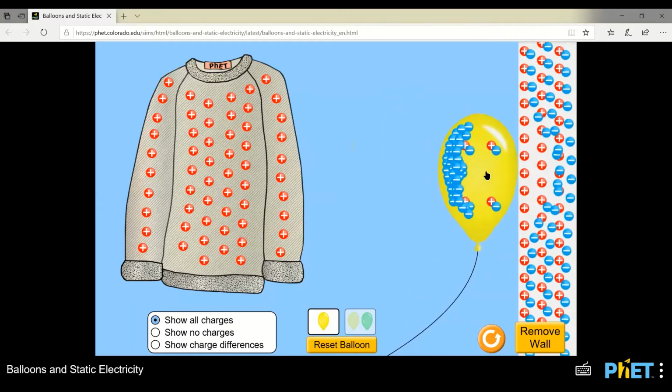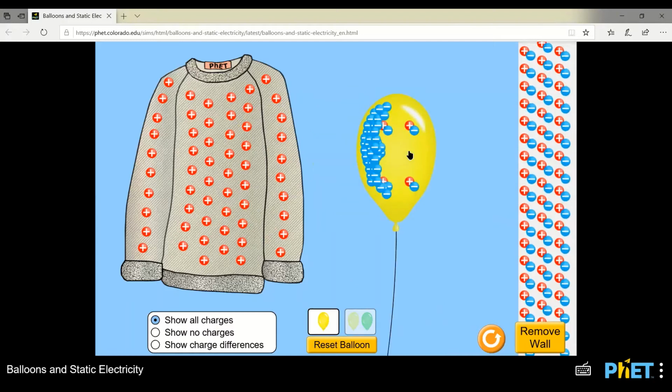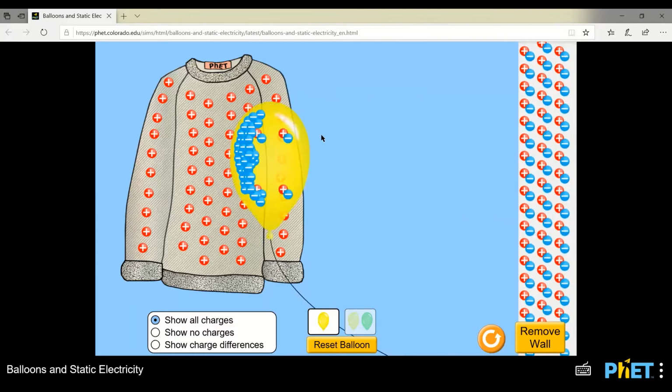There'll be a bit of repulsion. So, and remember this thing always, when you rub two insulators together, it's the electrons which always move, which always jump. The protons, they never move.